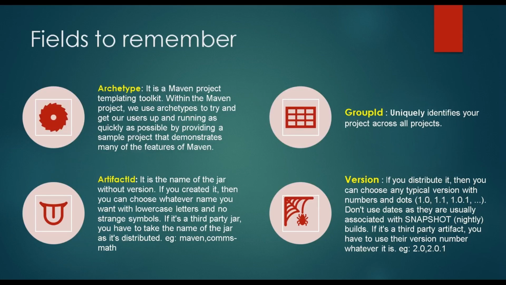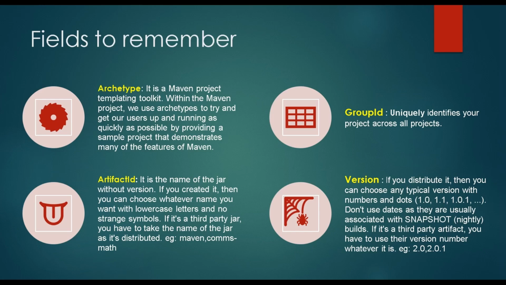So this is the archetype. This is a Maven project templating toolkit. Within the Maven project, we use archetypes to try and get our users up and running as quickly as possible by providing a sample project that demonstrates many of the features of Maven.